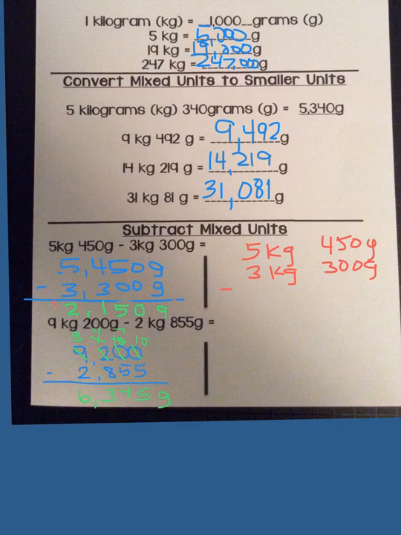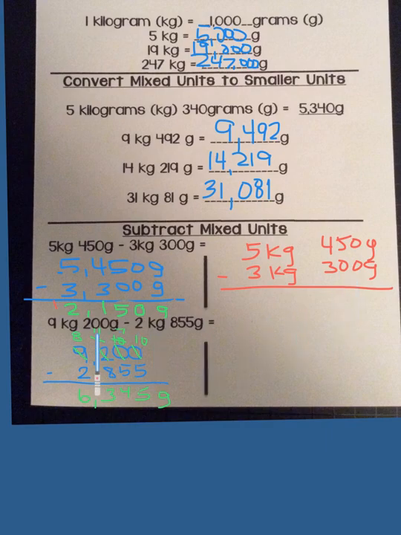And subtract this way. All right, now this way works really well with this problem because 450 grams is in the first number that we're subtracting. So 450 is on top minus 300 grams.